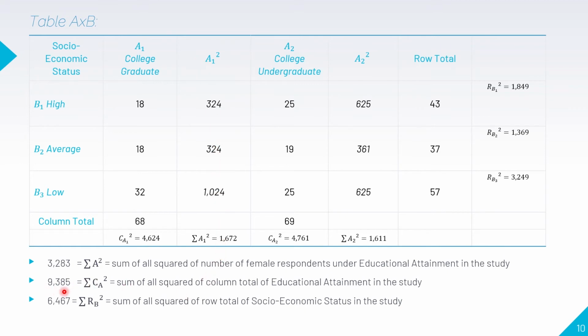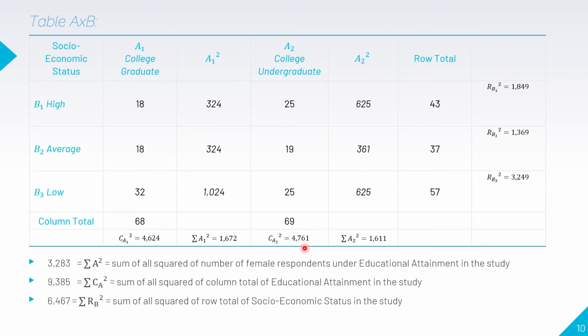Next, let's find our summation of C sub A squared, the sum of all squared column totals of educational attainment in the study. In a column of this one, the total here is 68. So we just need to square this one and this one too. 68 squared is equal to 4,624, and 69 to the second power, we have 4,761.